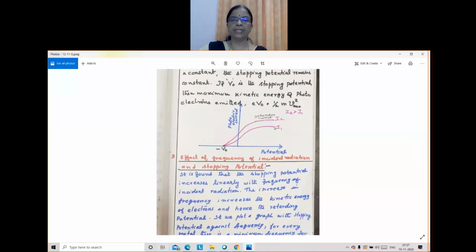On intensity increasing, photoelectric current increasing. I2 is greater than I1. By increasing the intensity, photoelectric current is increasing. But the stopping potential required to stop the electron remains same.